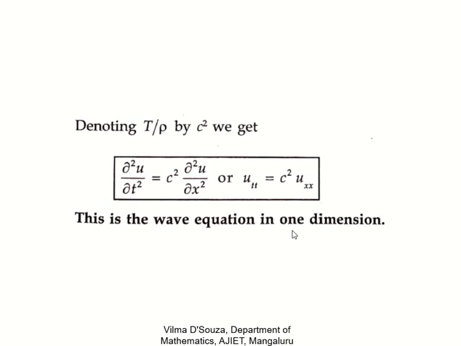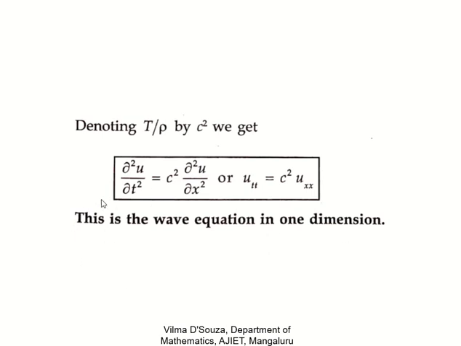So this is the wave equation in one dimension. Remember, u_tt is equal to c squared u_xx, or ∂²u/∂t² is equal to c squared ∂²u/∂x². This is your one dimensional wave equation.